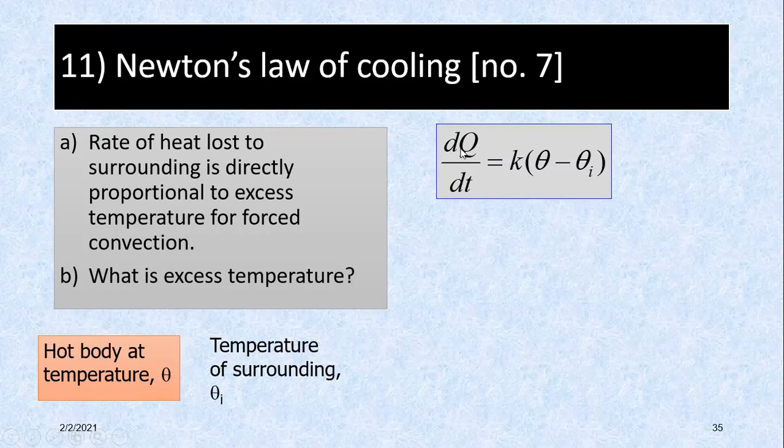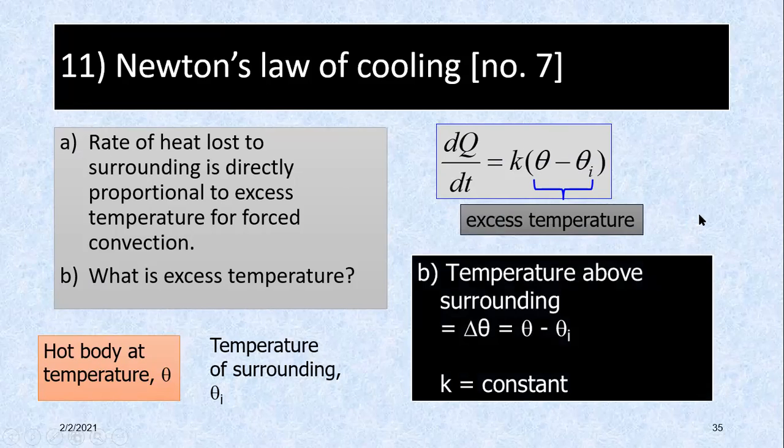That is your rate of heat loss, there's your constant there, and excess temperature is theta minus theta I. Let's call it the excess temperature. It's just a constant. Okay with that?